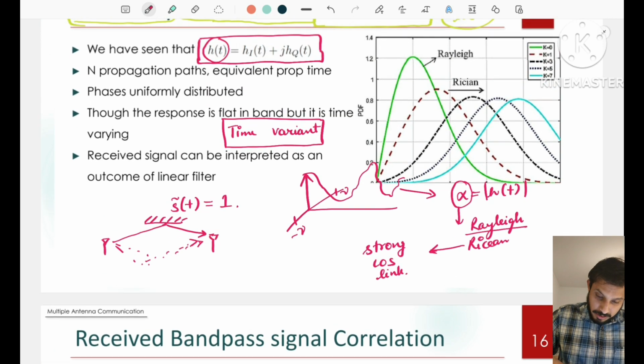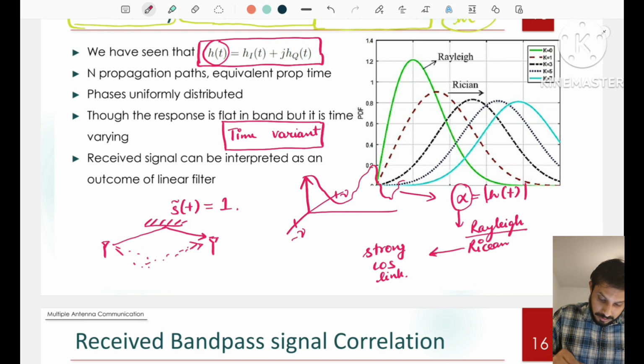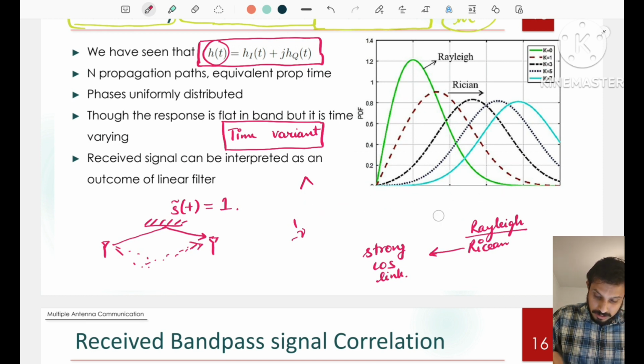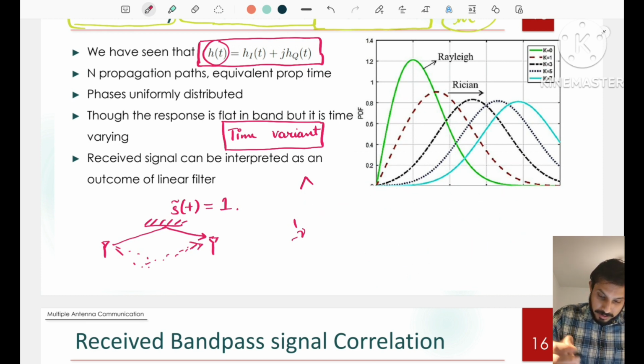And if we see the distribution of this Rician fading, we can see here that K is the Rice factor. And when K is equal to 0, the Rician fading transforms to Rayleigh fading. That means the Rician distribution can be seen as equivalent to the Rayleigh distribution.